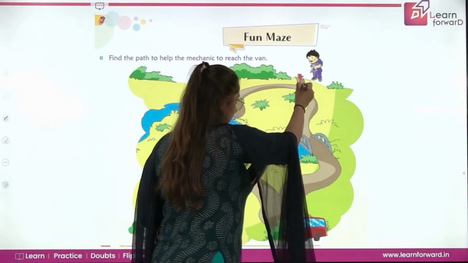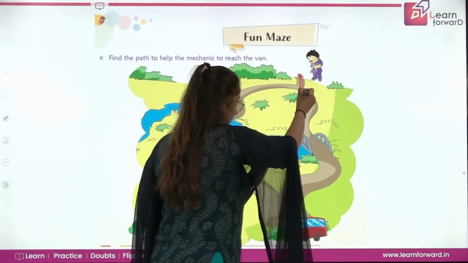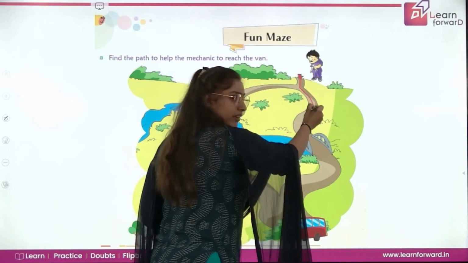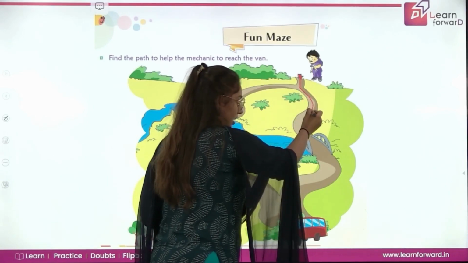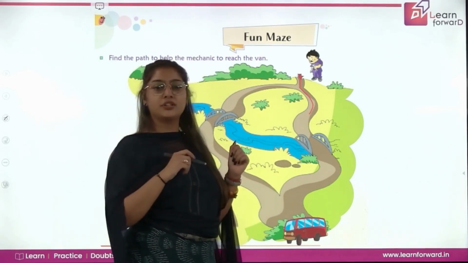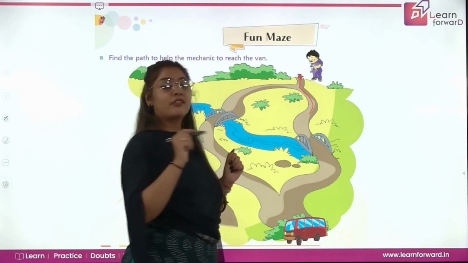Start from this, then this. We are going right. I hope we are going right or not. Yes, we are going right.